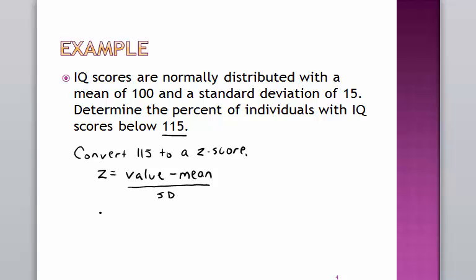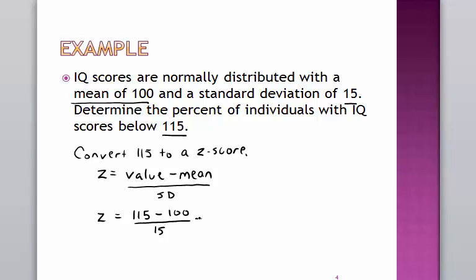So let's plug into this formula. We're going to place 115 in for the value. The problem tells me that the mean is 100, and we know that the standard deviation is 15. So we're going to calculate this.